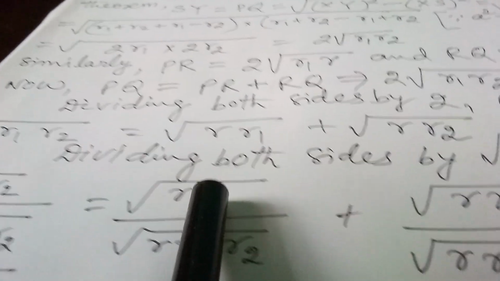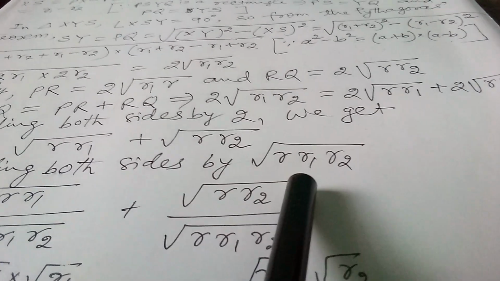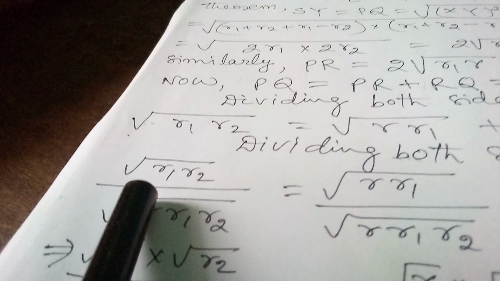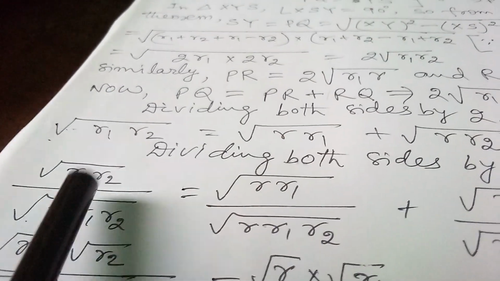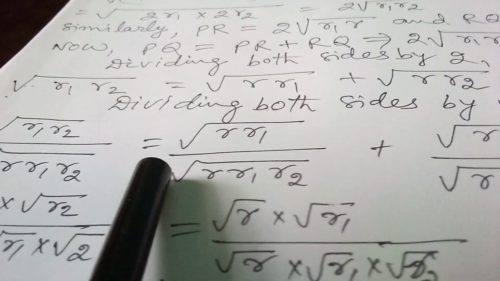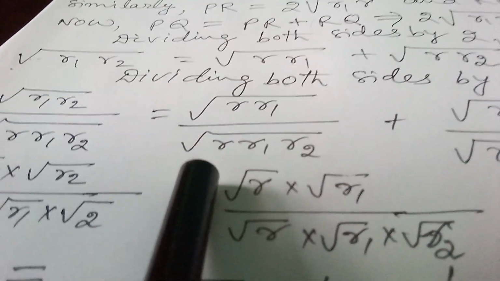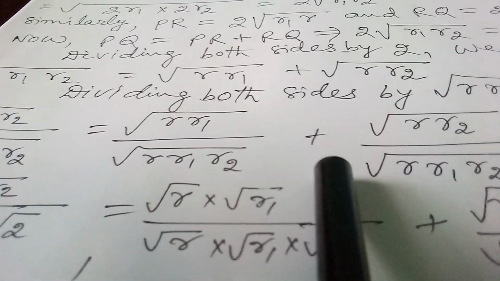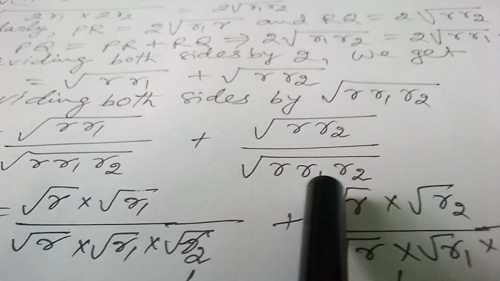Now again we divide both sides by square root of r1 r2, and we get square root of r1 r2 by square root of r1 r2 equals square root of r r1 by square root of r1 r2 plus square root of r r2 by square root of r1 r2.